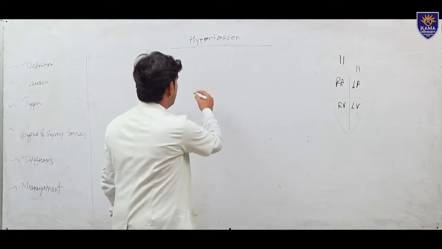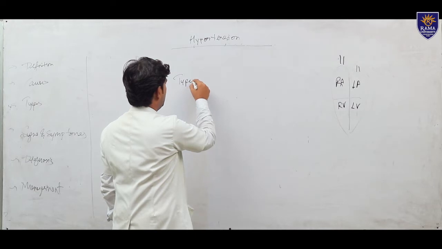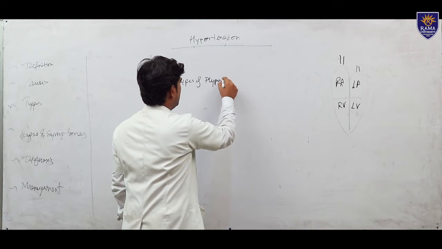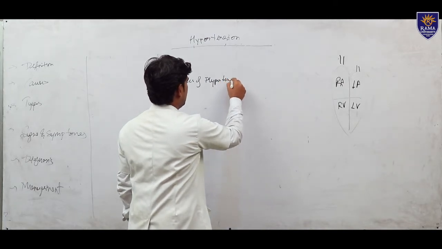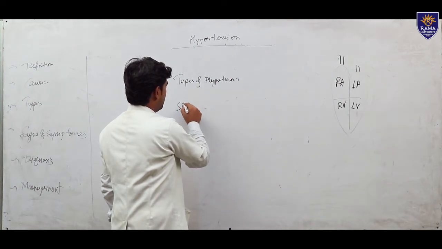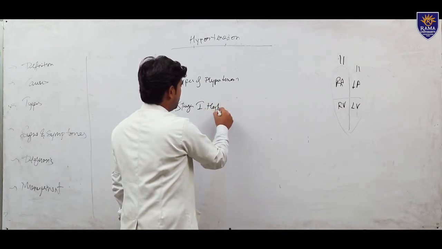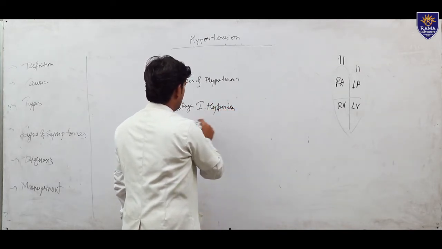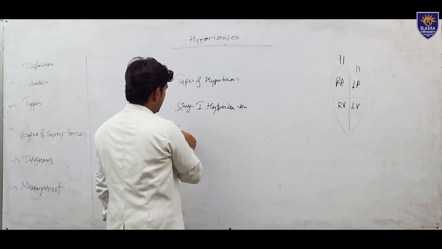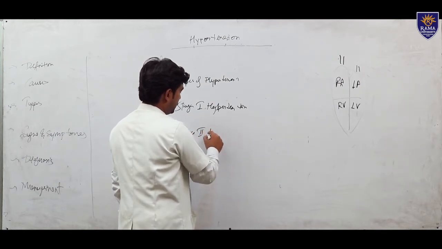Next we will see the types of hypertension. There are types of hypertension: stage first hypertension or stage second hypertension.